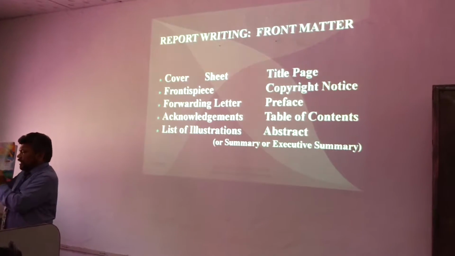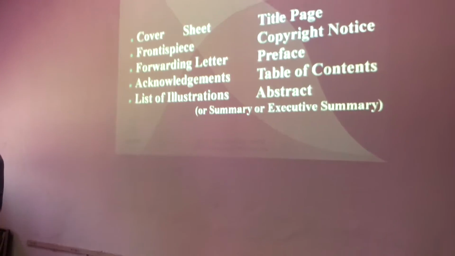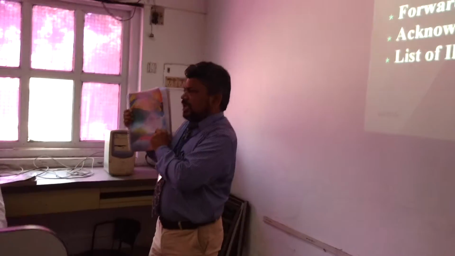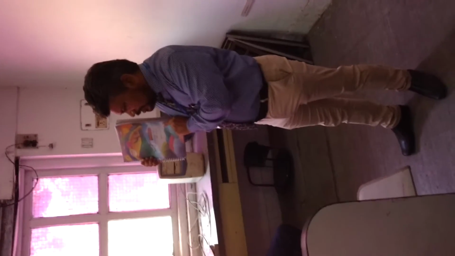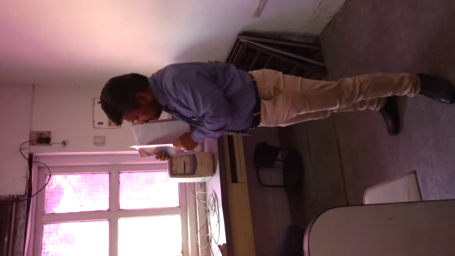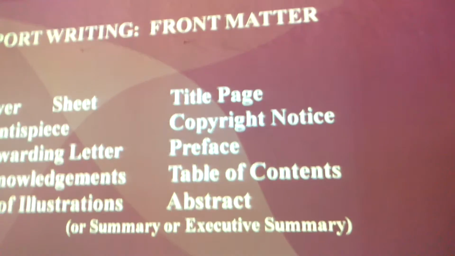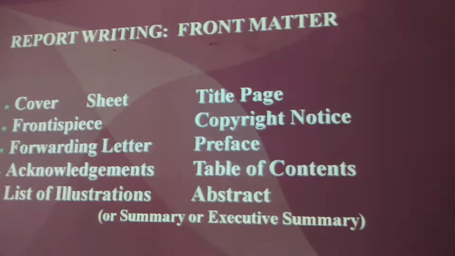What should be the cover type of a report? If the report is thicker, it may carry a hard cover. If it is of greater significance, or it may be of a type like paperback. The report may contain a paperback. And then the cover color should be light. Then there comes the title page.